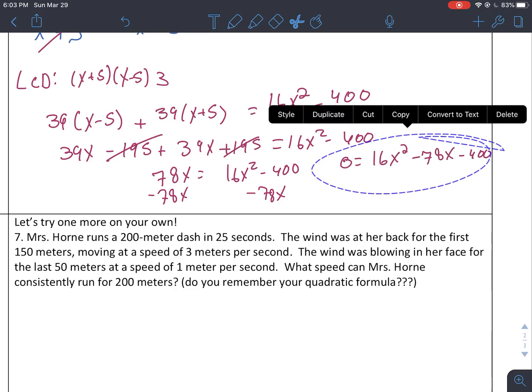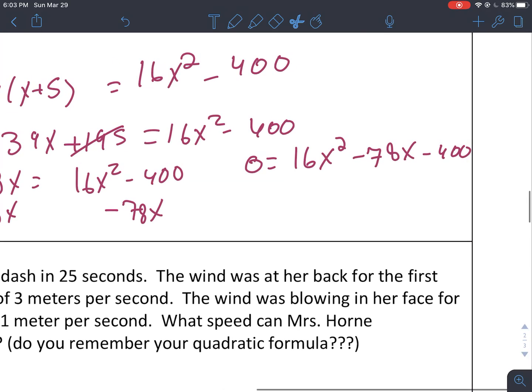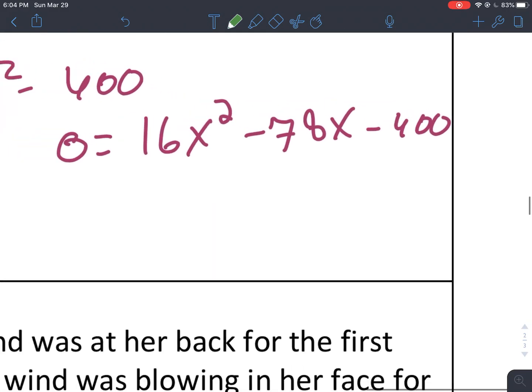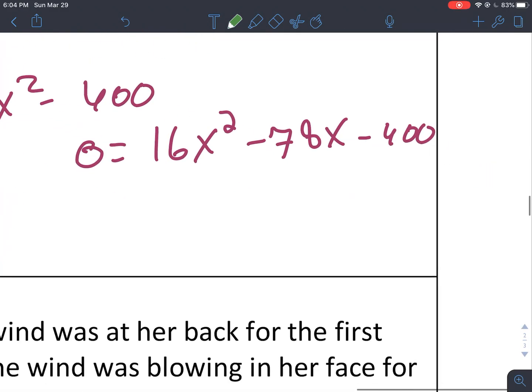Now, hopefully this factors and we don't have to use the quadratic formula with those big numbers, right? So we go here, we say, what is the biggest number that we can pull out of all of those? 2 comes out of that for sure. Let's see if 16 comes out of it. It's nice to us, it does not. 78 divided by 8.